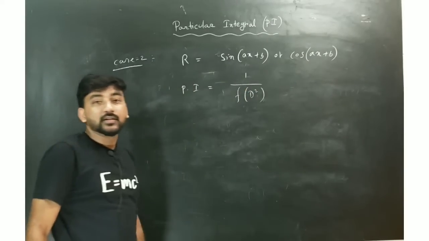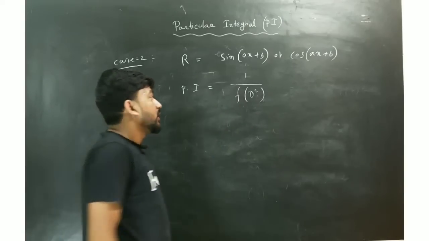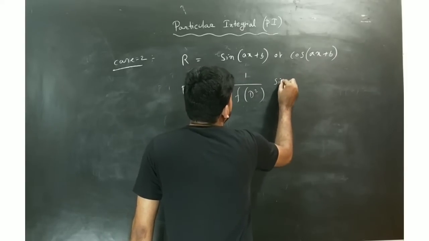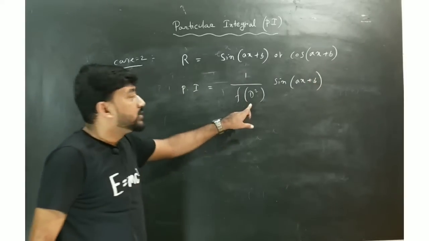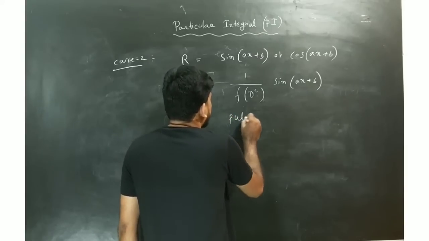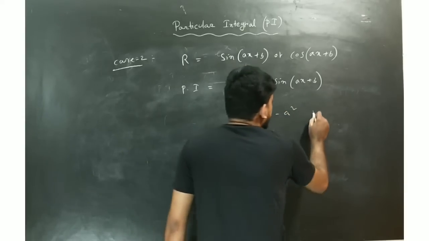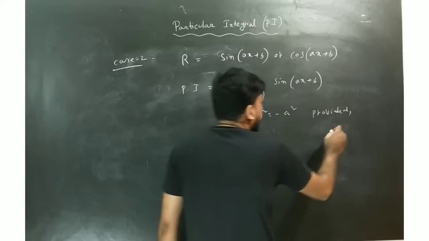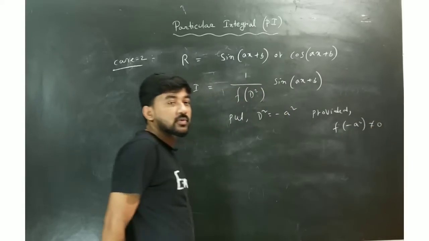So you have to write your function in terms of f of D square, and then write this sin(ax + b), and you have to put D square as minus a square, provided obviously f of minus a square is not equal to 0.